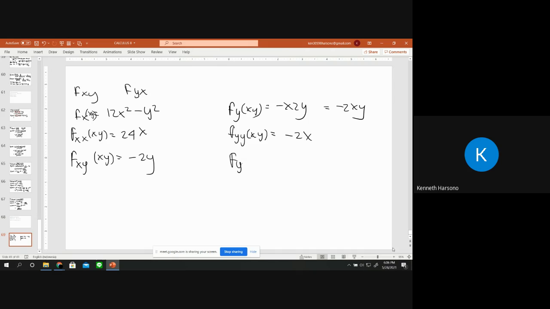And fyx: derive this one with respect to x for the second time, so this just becomes minus 2y. And this is the same. For this case, this one is xy and yx. Okay. Have any question for this one?